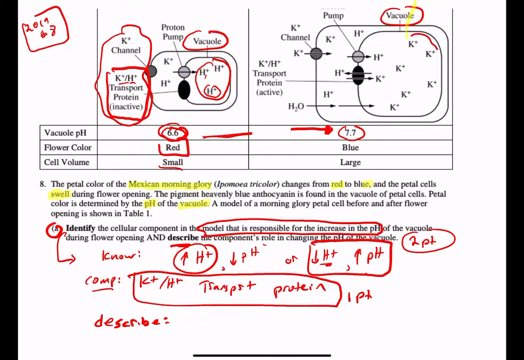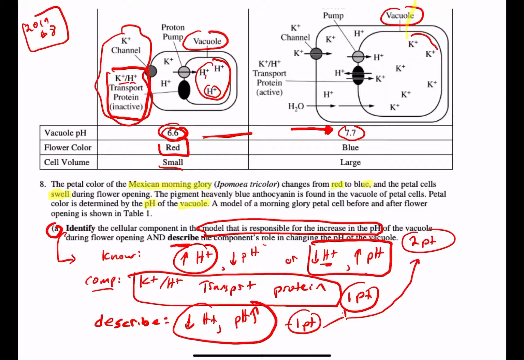I apologize for that delay. You just state that as you decrease the H plus ions, the pH is going to go up. If you have something along the lines of that description, that would get you the 1 point. So that's where those 2 points are going to be coming from for part A.